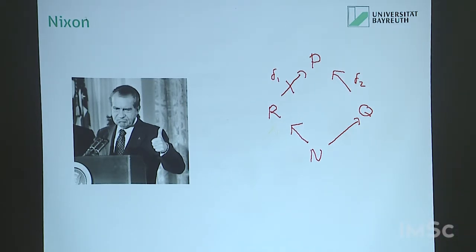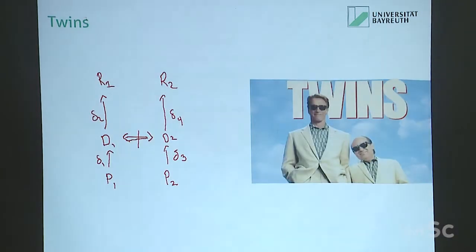So the default that says if you're a Quaker, you're a pacifist, will have higher priority than the default that says if you're a Republican, you are not a pacifist. But in treating this example, I will take them as having no priority, to generate conflict.